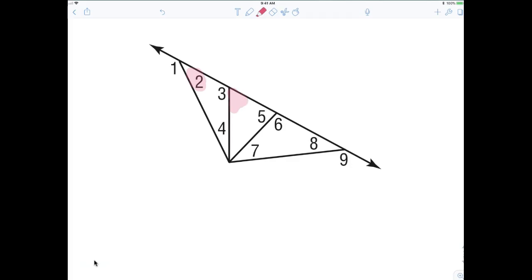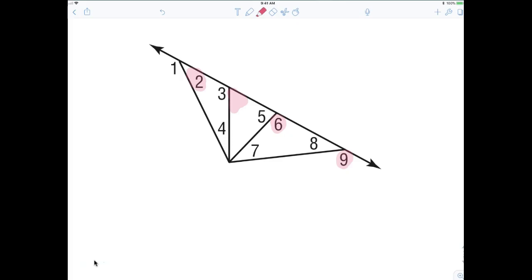Right? Angle what? 6 and 9, because all those are exterior angles. Yes. And again, some people argue about 1, but we've already had that conversation.